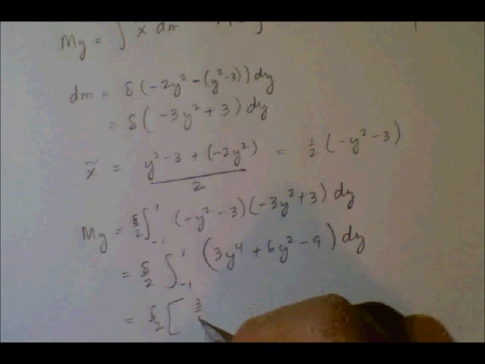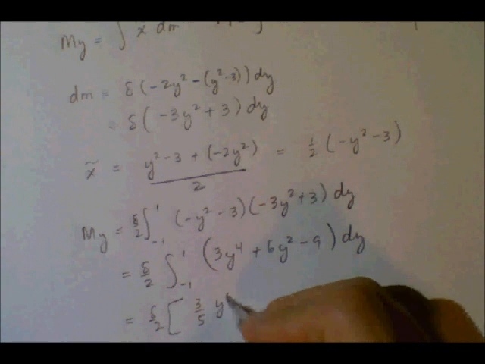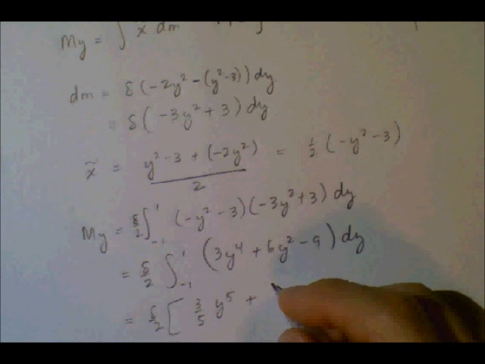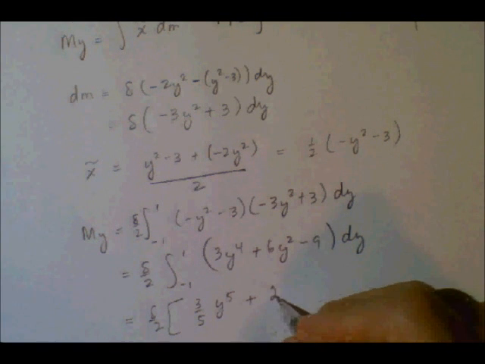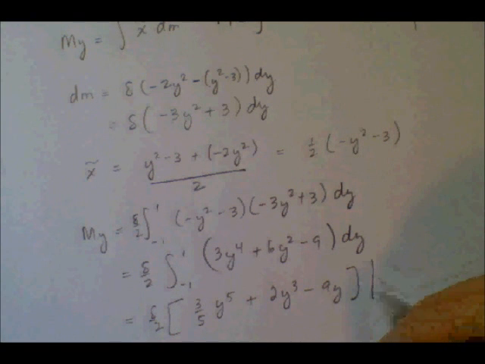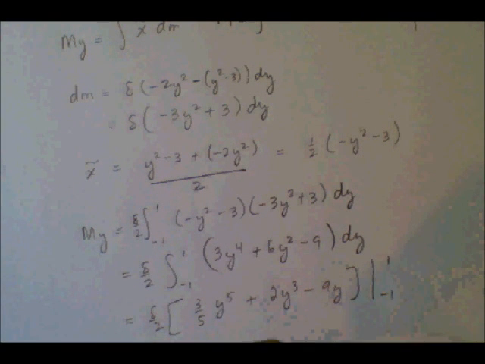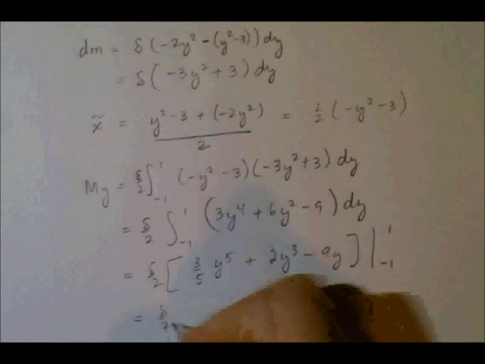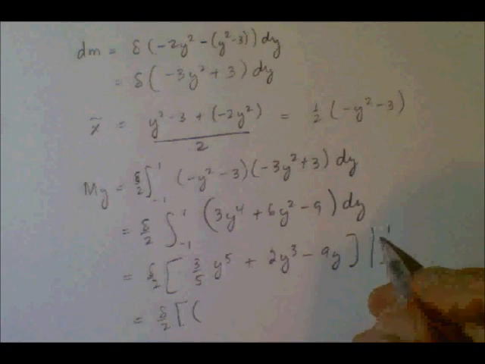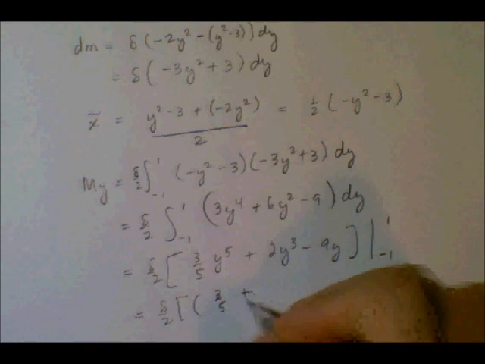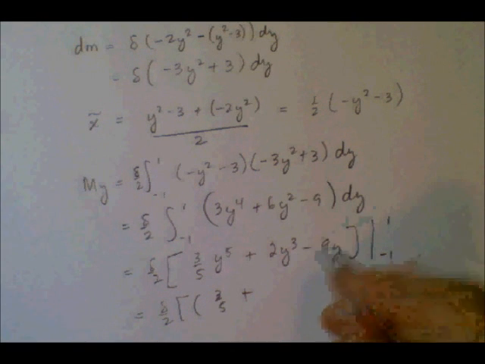Anti-differentiate: 3/5 y to the 5 plus 6 thirds, which is 2, y cubed minus 9y. It's running from -1 to 1. So that's delta halves. Evaluate the antiderivative at 1: 3/5 plus 2 minus 9.